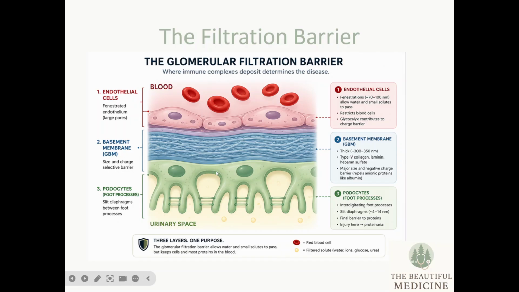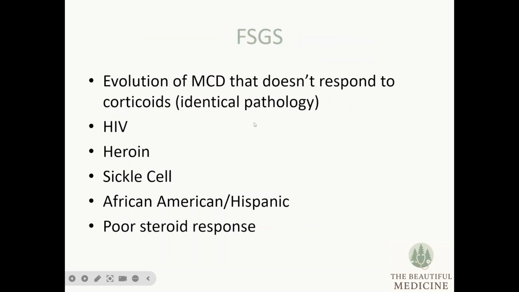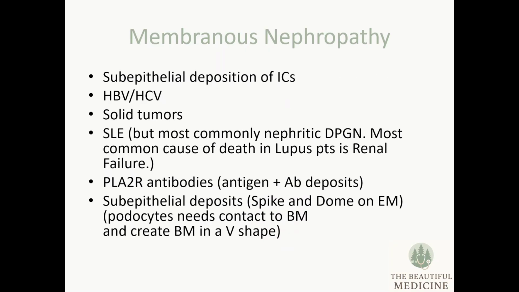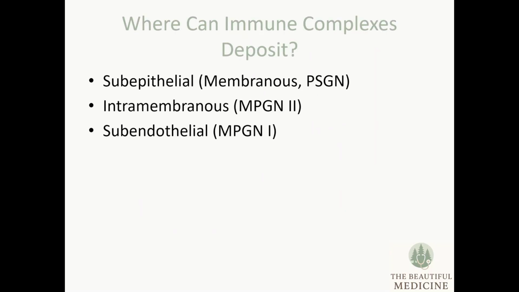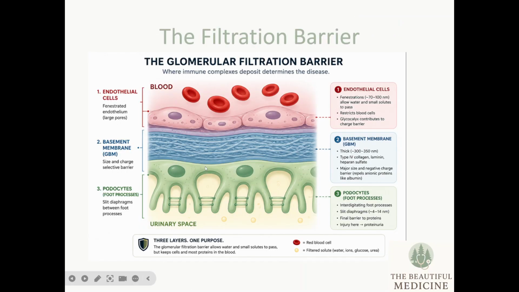So they're gonna deposit over there, and they will form a spike and dome on electron microscopy because the podocytes really like to be in touch with the basement membrane.